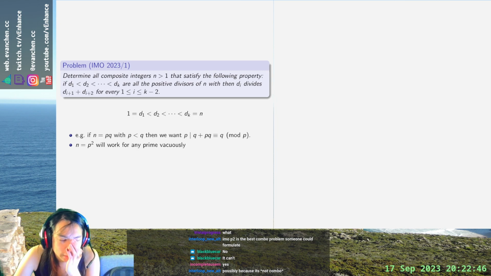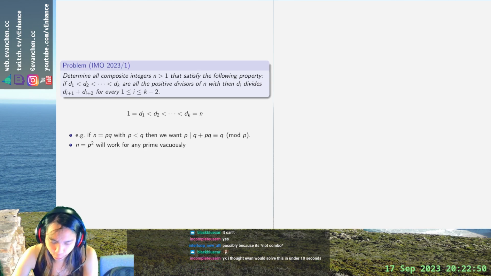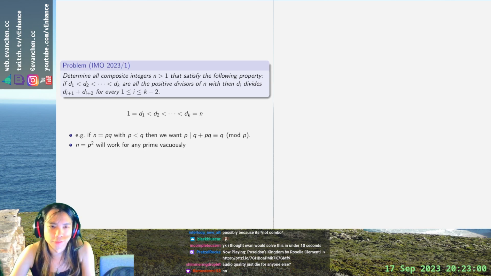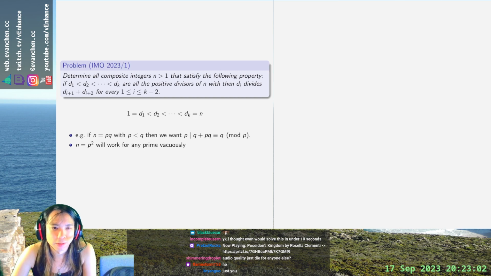So your smallest divisor is always a prime, and your next smallest divisor, if it's not p squared... Actually, hang on. d_k will always equal n over the smallest prime, where p is the smallest prime.